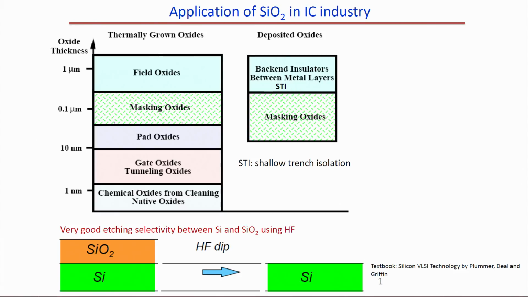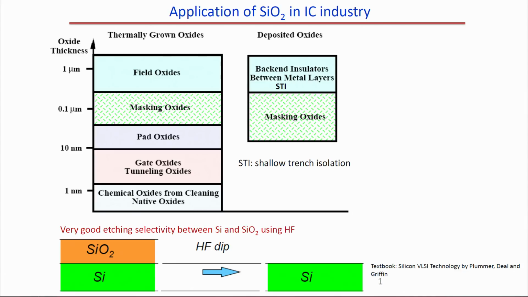So, we have also seen that for fabricating any sensor including MOSFETs, we need oxides. It can be gate oxide, field oxide, or masking oxide, and based on the application of the oxide we are using, we can use different thicknesses of oxide.